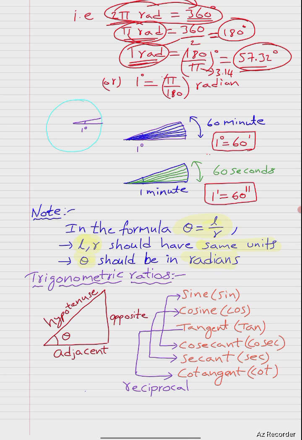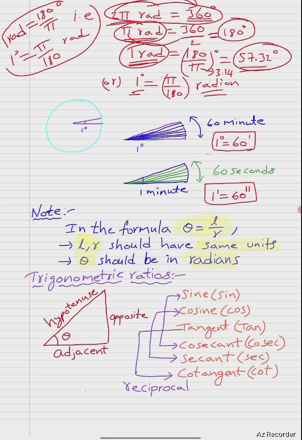Then what is 1 degree? It is the reciprocal of the earlier one. So 1 degree is pi by 180 radian. These conversions you definitely remember. 1 radian is equal to 180 by pi degrees, and 1 degree is equal to pi by 180 radians. These conversion factors you must remember.